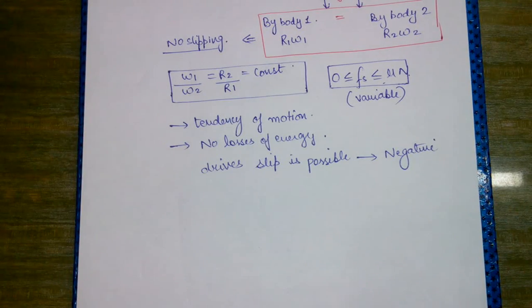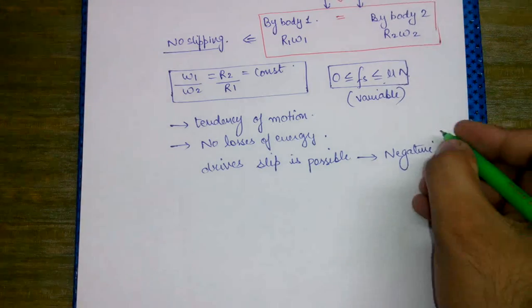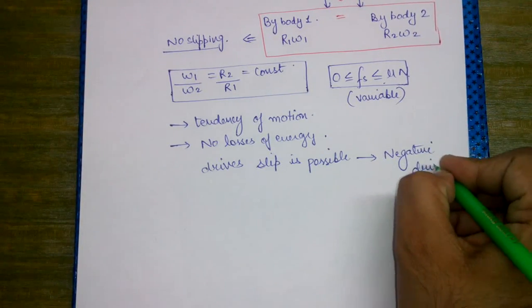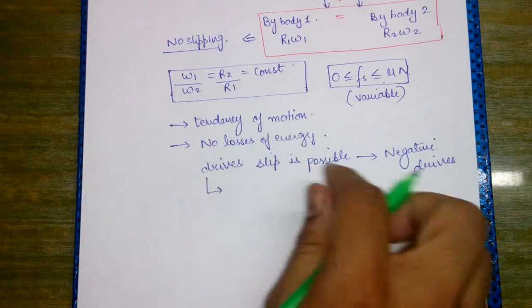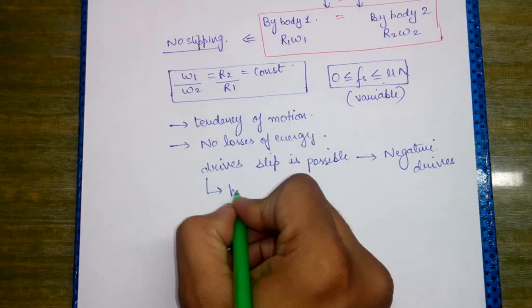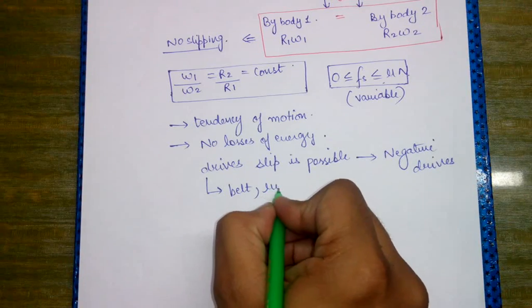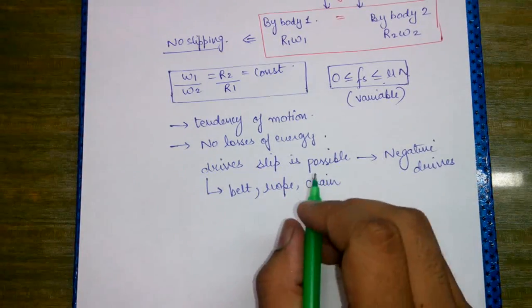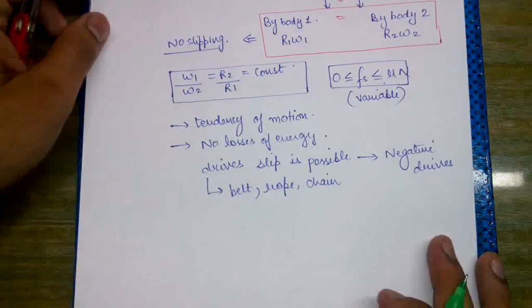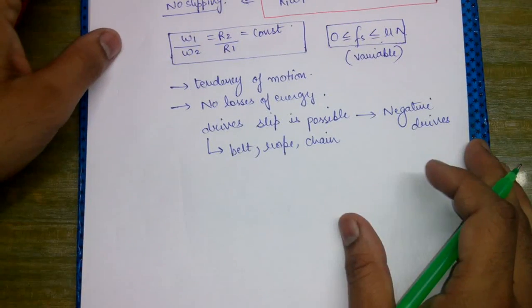The drives in which slip is possible, such drives are called as negative drives. For example, negative drives are belt drive, rope drive and chain drive, where chain extension is actually taking place to a certain extent.